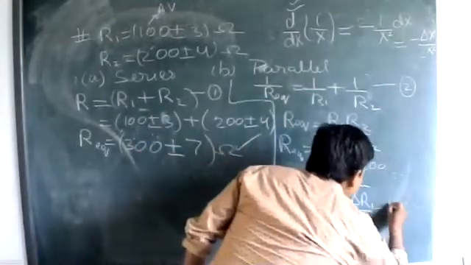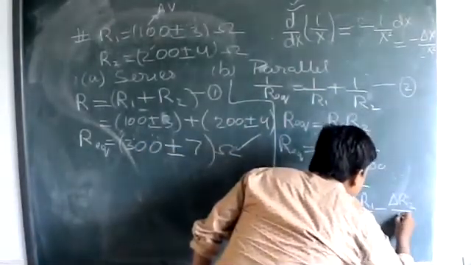So this will be minus delta R2 upon R2 squared plus.